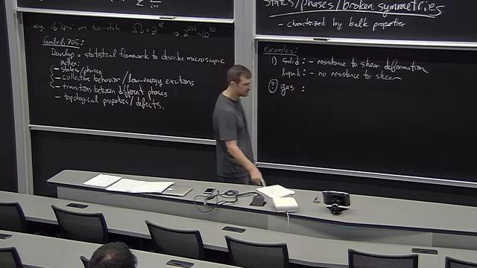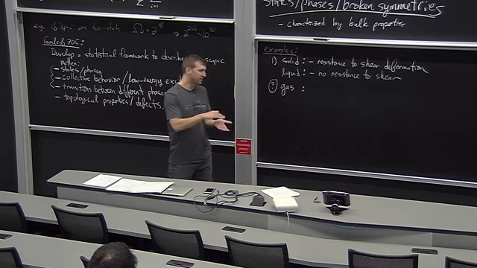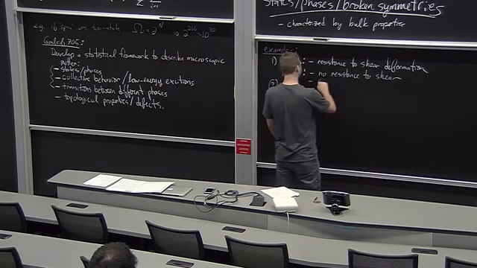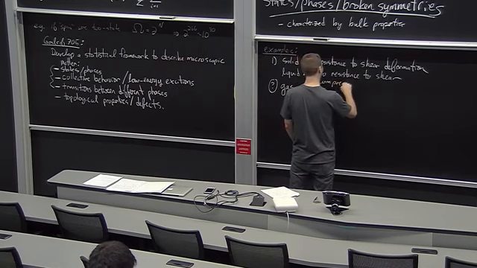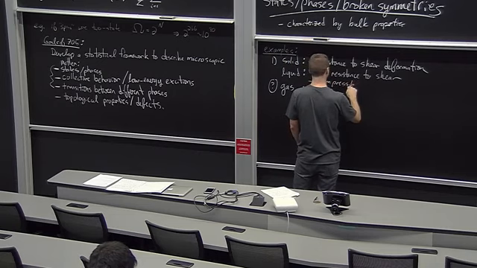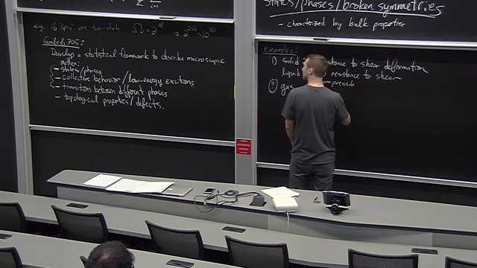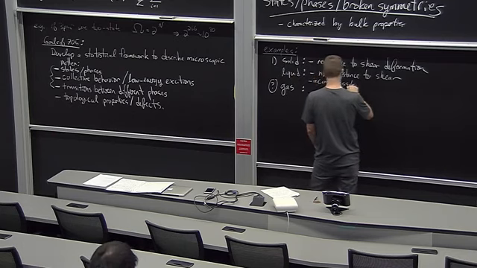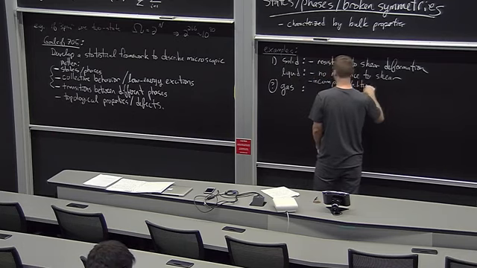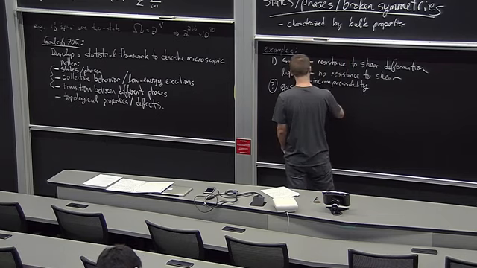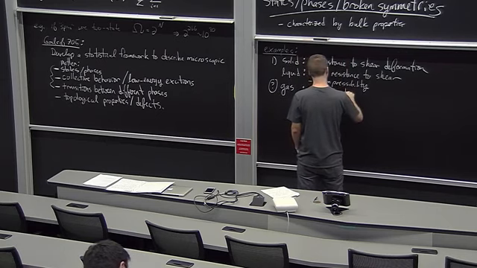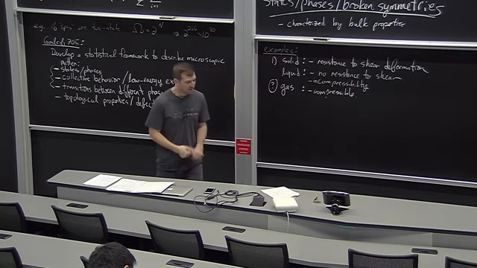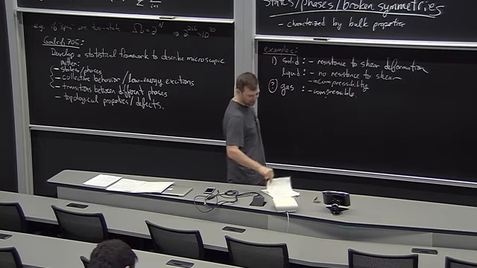Basic compressibility. And with compressibility, the idea that there's an interface. I'll just say compressibility. Oh wait, liquid is not compressible. Incompressibility, is that a word? So that's the bulk property.